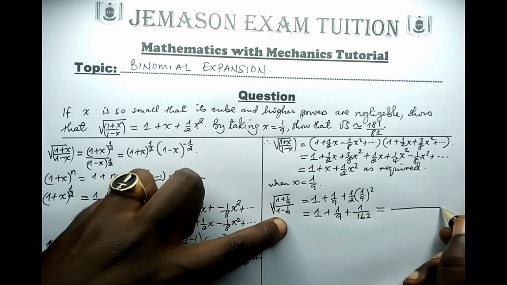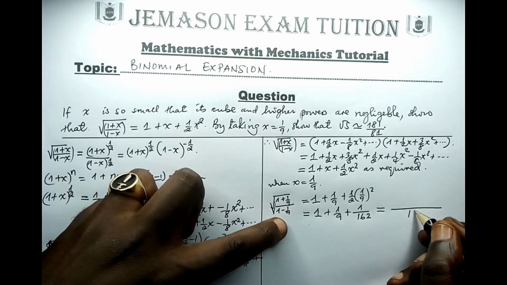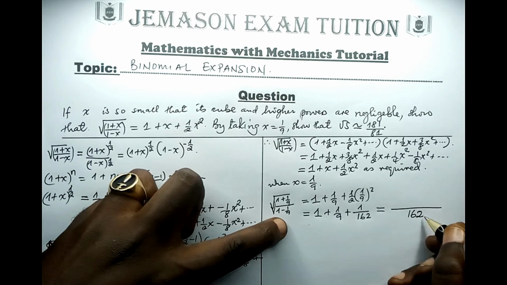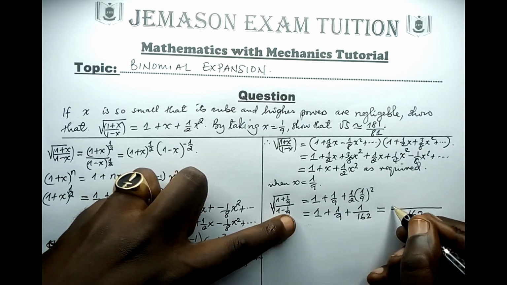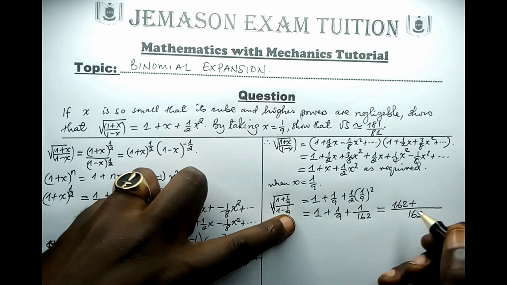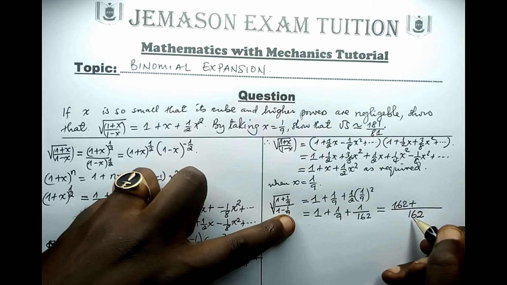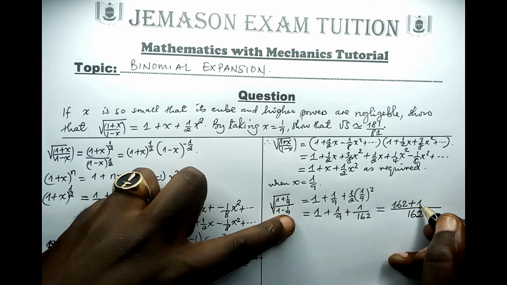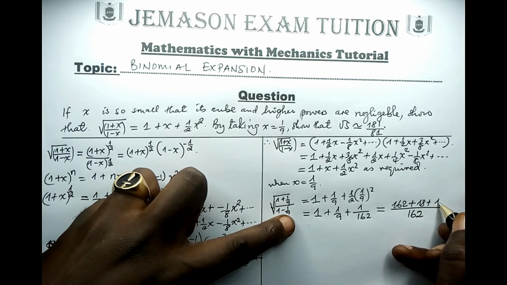That should give us the LCM being 162. 162 divided by 1 is 162, plus 162 divided by 9 should be 18, plus 1.